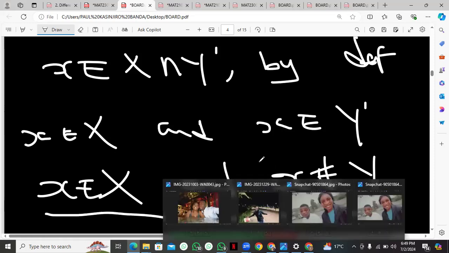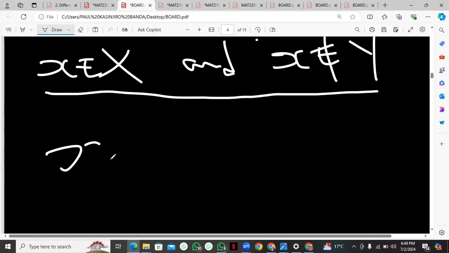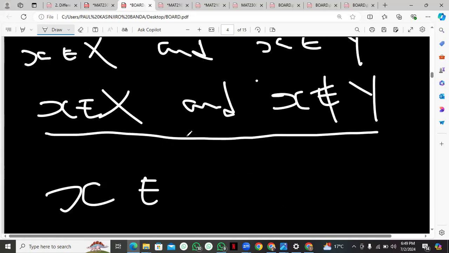So from there we can see that x will be a member of X minus Y, because what we have here is the definition of the set difference. We started with the right-hand side and ended up with the left-hand side.